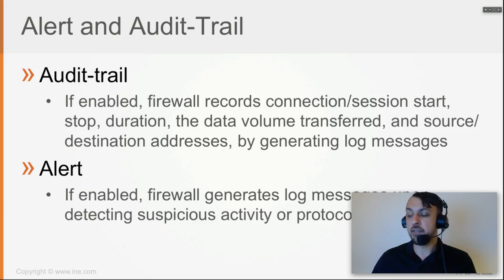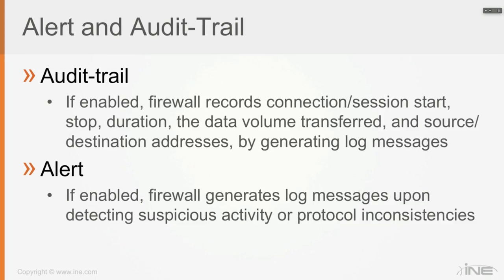But suspicious activity could also be detected via regular TCP matching, match protocol TCP, like for example, not an out of order packet, but an out of order sequence number, which could be the signal that there is an attack happening because somebody tries to spoof the sequence numbers of a TCP session.